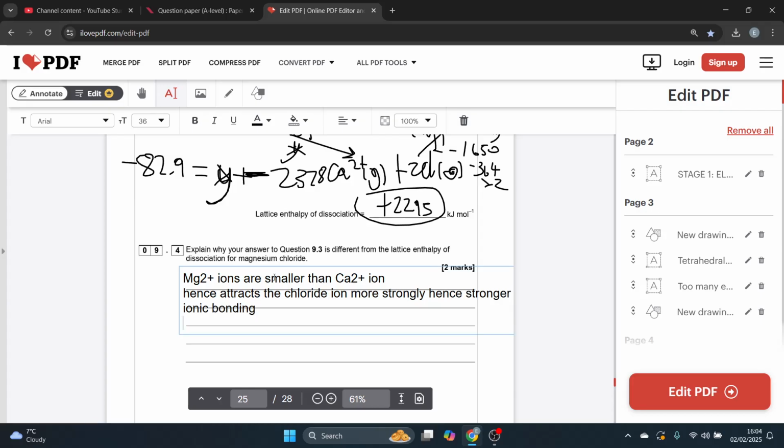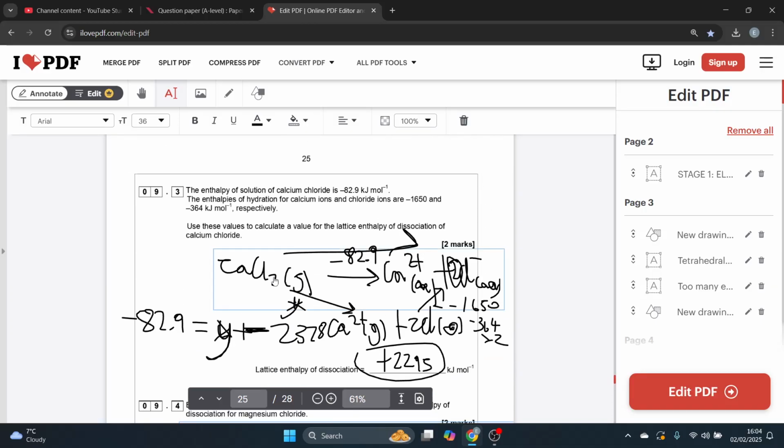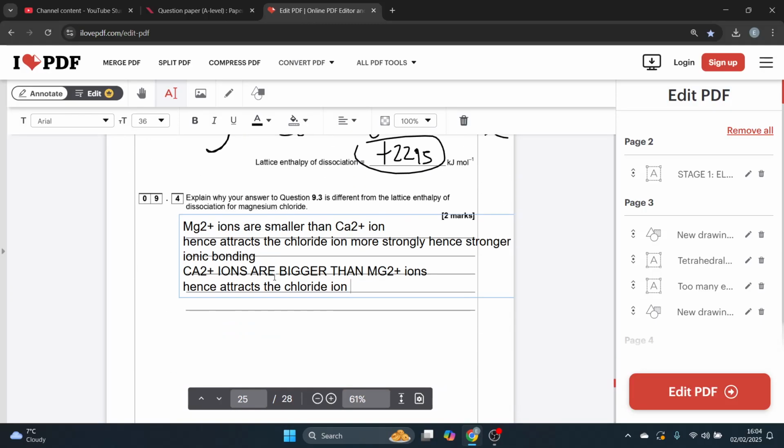Or I guess we could say Ca2+ ions are bigger than Mg2+ ions, hence attracts the chloride ions less strongly, hence weaker ionic bonding, the opposite of that.